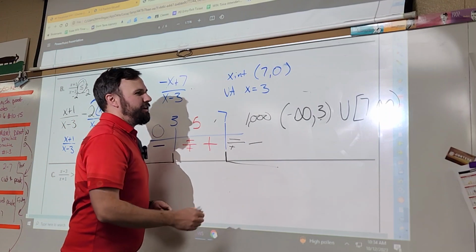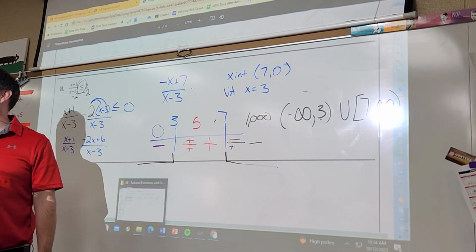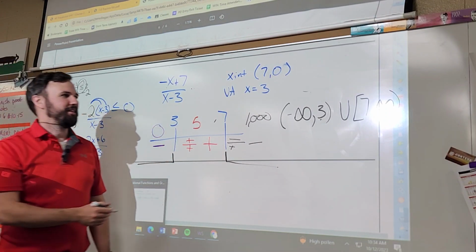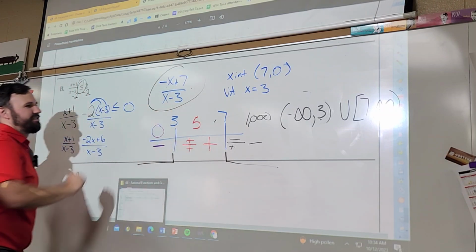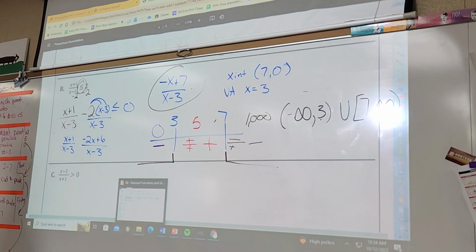Do you guys remember extraneous solutions when you did rational functions? What happens when I plug 3 into this? It's 0. It can't exist. Your asymptote is always going to end up being a parenthesis because it can't actually be it.